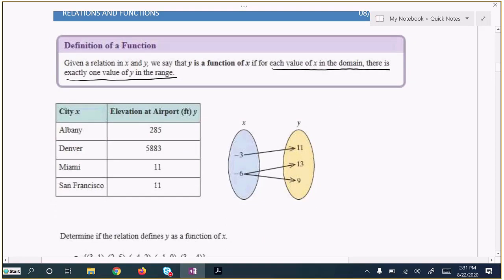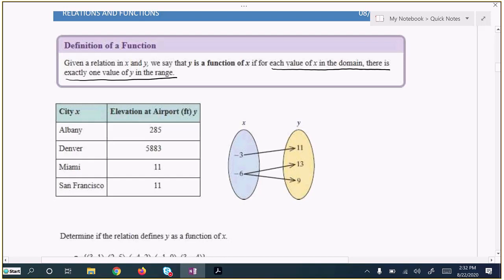It's often helpful when we have these very small discrete domains to think of a function in terms of this graphic, where you have the bubble with the x values in it, the bubble with the y values in it, and you put these arrows. If for each x here in the blue bubble, there's exactly one y in the yellow bubble to which it points, then we have a function.